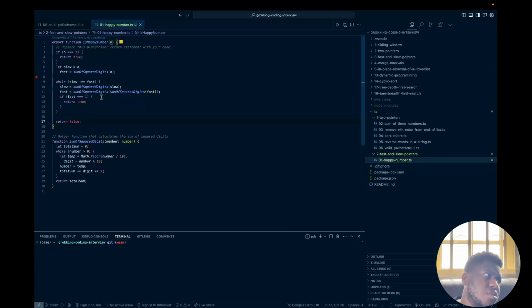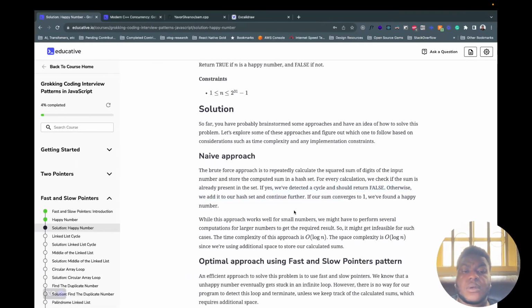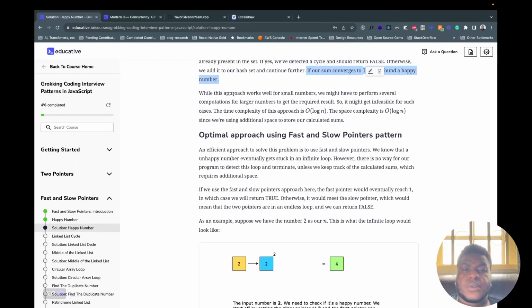I don't know, I'm actually curious. Maybe I'm tired. Log of n, okay. Space complexity is log of n, since we're using additional space to store our calculated sums.